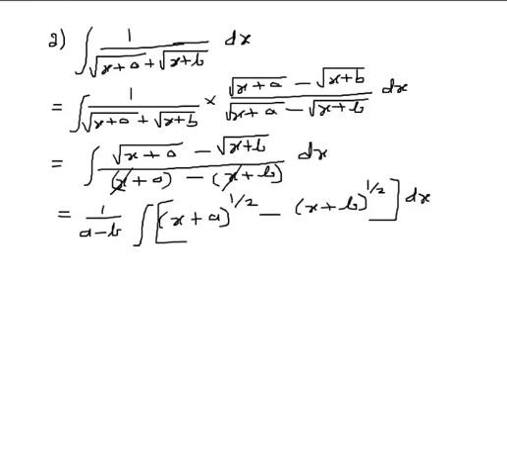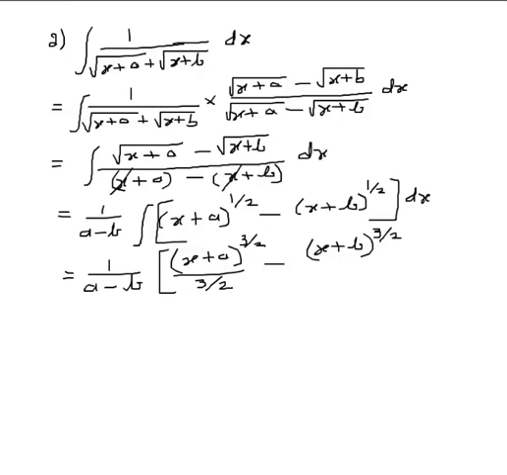Now the bases are linear functions. We can use x power n plus 1 by n plus 1 formula. Therefore, 1 divided by a minus b times x plus a whole power half plus 1 is 3 by 2 divided by 3 by 2 minus x plus b whole power 3 by 2 divided by 3 by 2 and plus c.